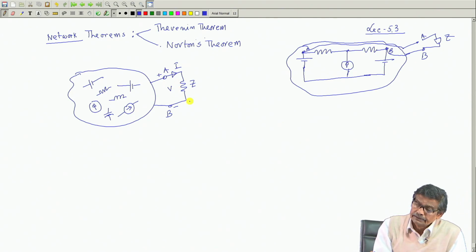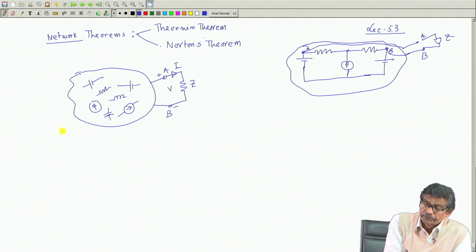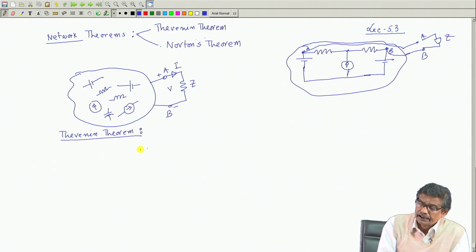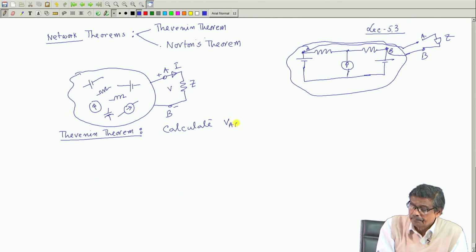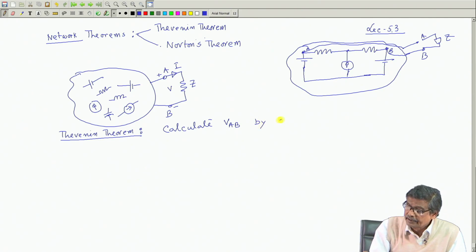Now, what I will do is this. Suppose I say that this impedance I z is there. I would like to calculate, first I will talk about Thevenin's theorem. I will say that calculate VAB by applying superposition theorem.